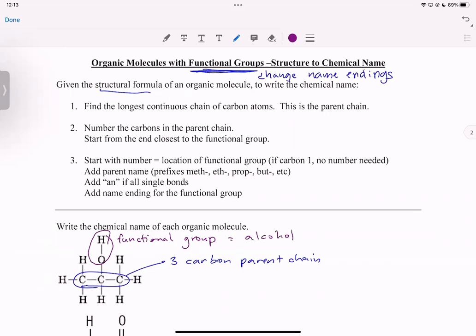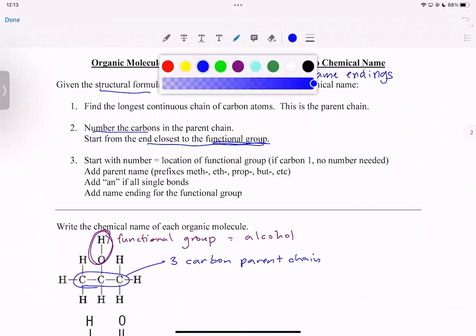It's the OH group. Okay, so let's go back to, we found the longest continuous chain, and then I want to number the carbons in that parent chain, starting from the end closest to whatever's going on. It can be a double bond, a triple bond, a branch, and now we're adding closest to the functional group because that is something that's different.